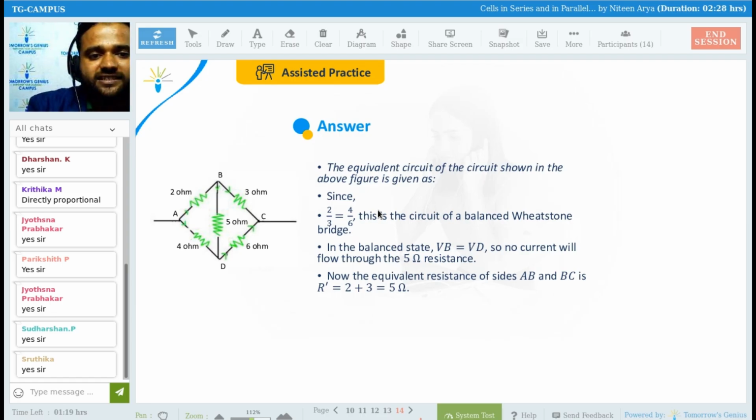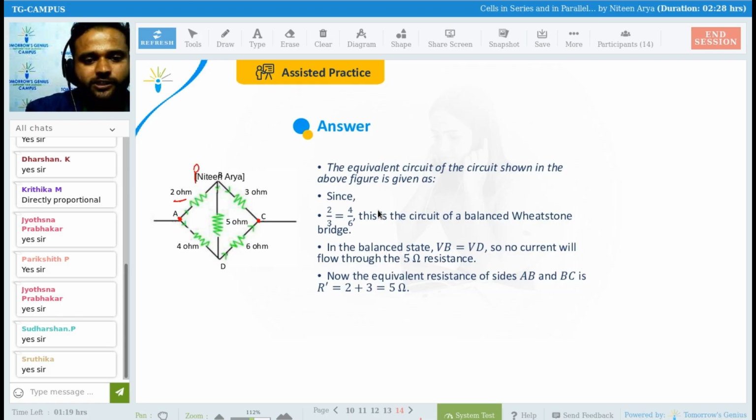See, adjusting this in this way, the equivalent circuit of the given circuit is shown below. We need to find the net resistance between A and C. So we tilt this, nothing more than that. A, B, C. Now 2 and 3 are in series and 4 and 6 are in series.